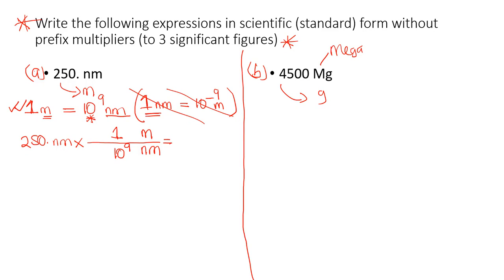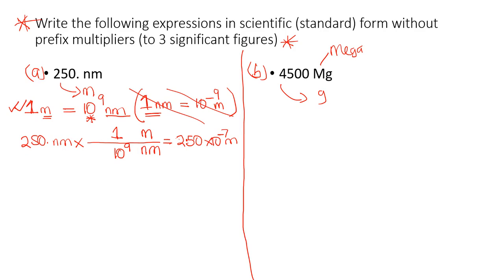When I multiply those, the answer is 2.50 times 10 to the power negative 7 meters, because I want the answer to 3 significant figures. So that's how I convert from the nanometer to meter.